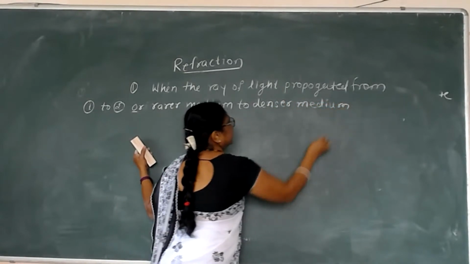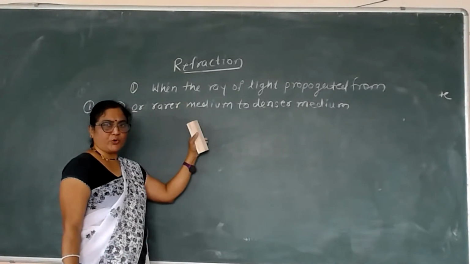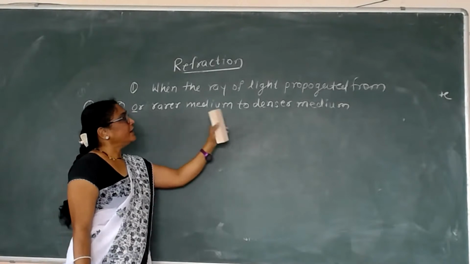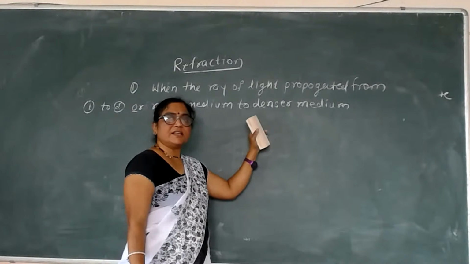A rarer medium is one where the velocity of light is more and the density is less. A denser medium is one where the density is more and the velocity of light is less.